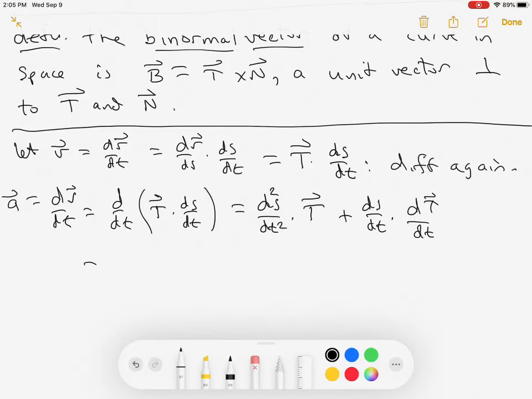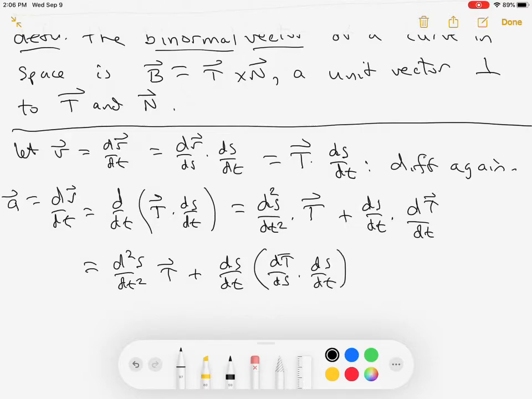And that becomes, rewriting the first term, d squared s/dt squared times T plus ds/dt times dT/ds times ds/dt. I'm going to pause a second here because what I did there is I took this guy and did the chain rule on it.